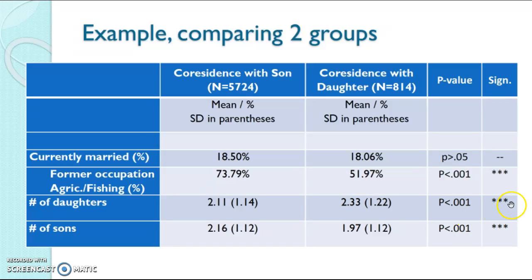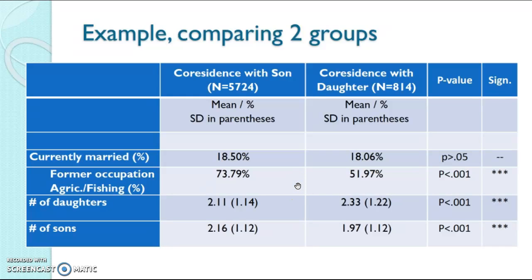Then we have the p-value and we have the statistical significance test. And this is saying that the data show, and we believe it to be, a true pattern, that older adults who live with a daughter have more daughters on average than people that live with a son. Okay. Similarly, we can also look at the percentages of things, right?